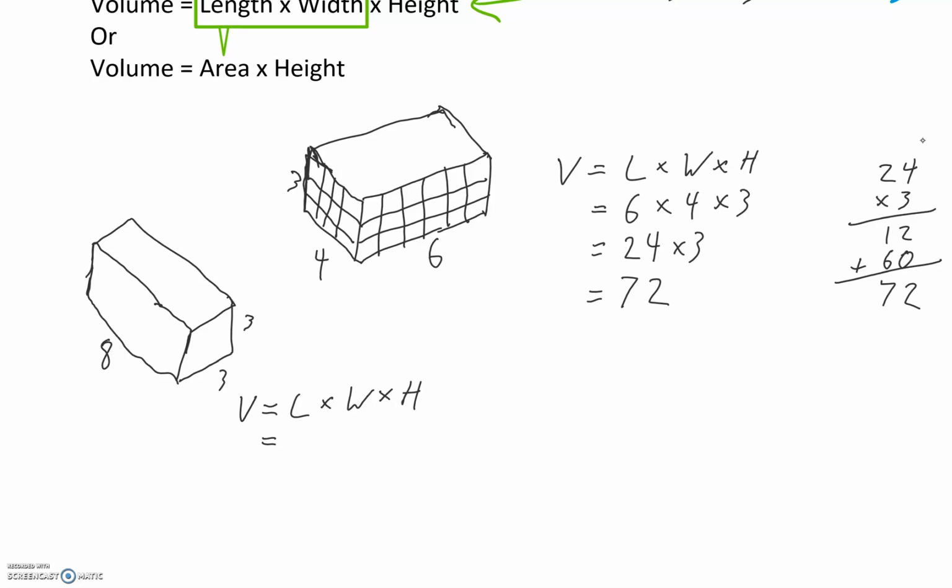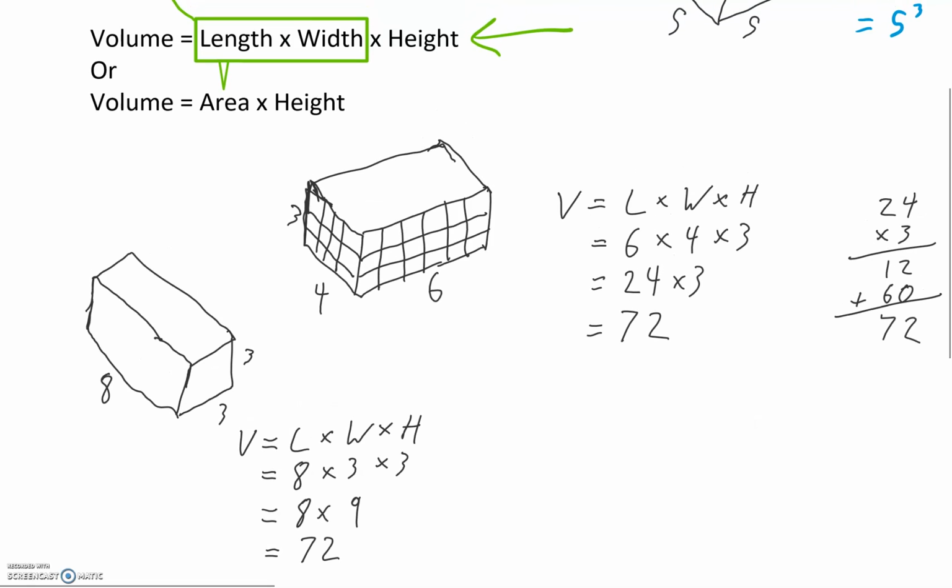So length is 8 times width 3 times height 3. Now we can do it the same way I did before, where I simplify one part first because I find that easier. So 8 times 9 is 72. Oh look, it's the same volume. Even though it's a different shape, it's the exact same volume. It just turns out like that.